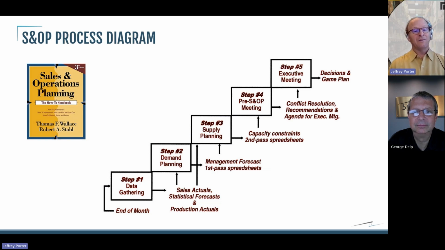The other one is the data gathering. Oftentimes what we're finding is that in the data gathering phase, a lot of companies will start with spreadsheets. It's an easy way to get going in the absence of what we would call a proper demand planning or supply chain planning system or SIOP system. And they'll start with spreadsheets.